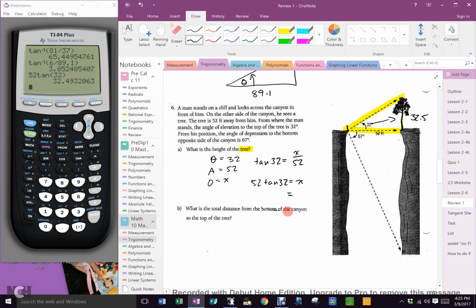Now I also want to know the tree to the bottom of the canyon. So that is this blue triangle. And what do I have there? I got a theta of 67, an adjacent of 52 still. My opposite I don't know. So it's going to be the exact same as up here, except it's 52 times tan 67 to get my answer.